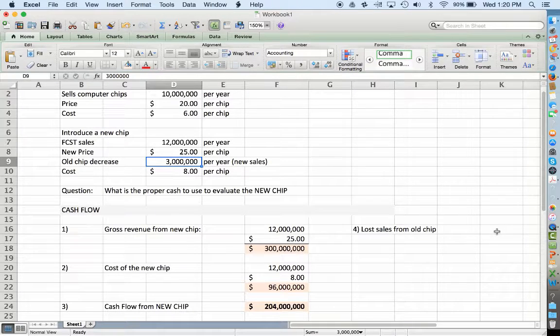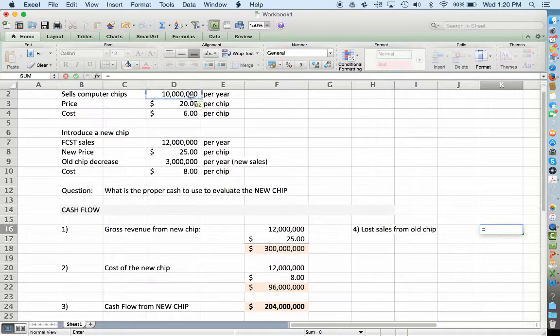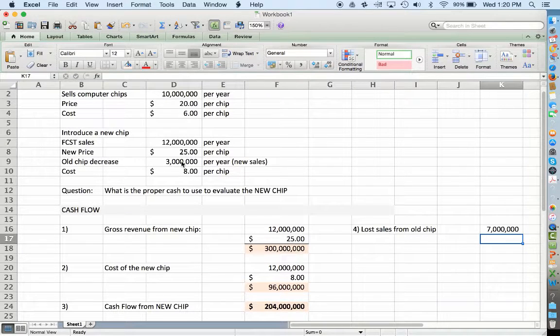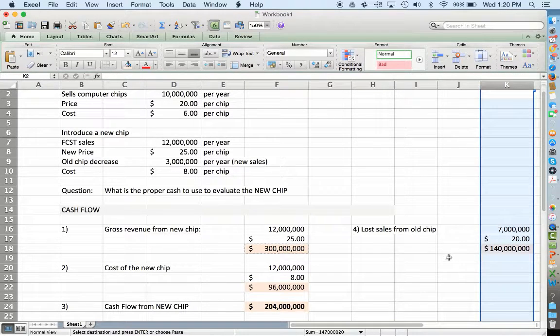So that means that I've lost 7 million in sales. Right? So the old chip, originally we sold 10 million. Now we're only going to sell 3 million of it. And the price of the old chip is 20 bucks. So in terms of revenue, I'm going to lose $140 million. Or I'm going to no longer get $100 million.